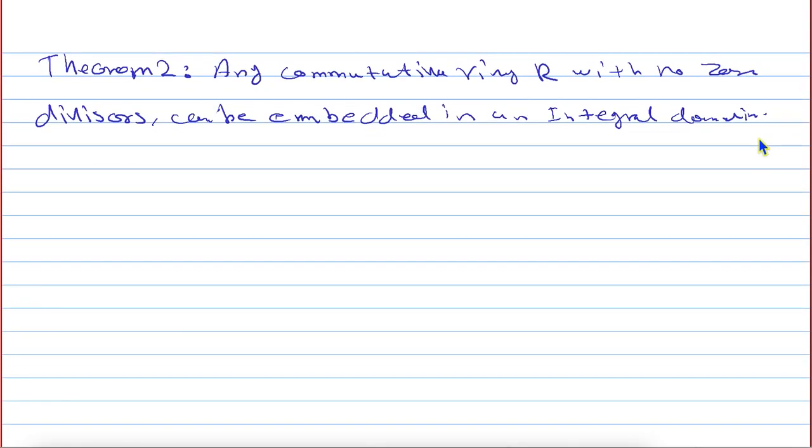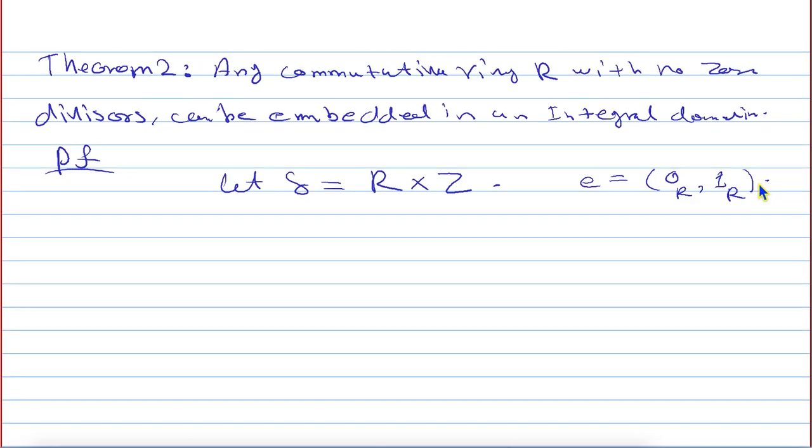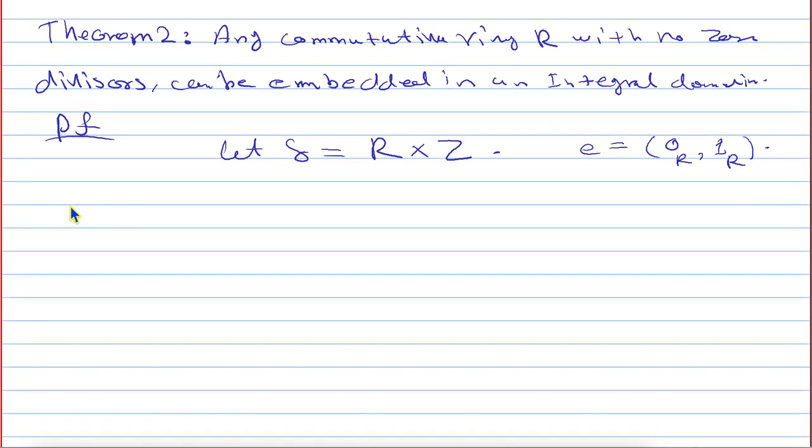Okay, so what is the proof? Let's start from our ring S. Let S equal R cross Z. Therefore, S must have an identity element, and S is commutative. Now let's define the following set.